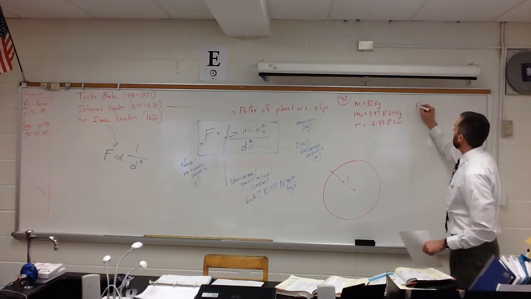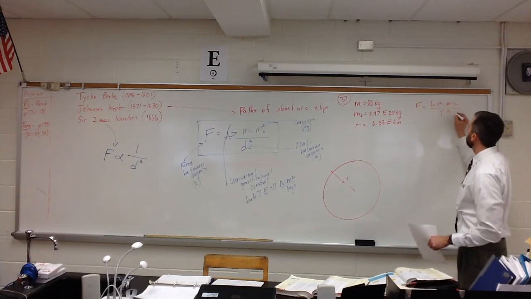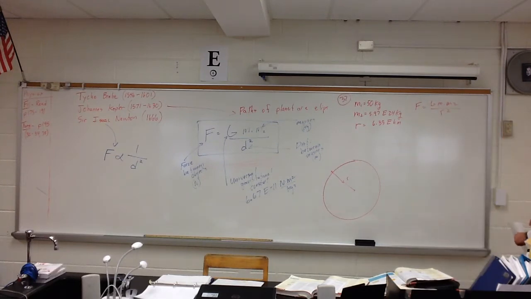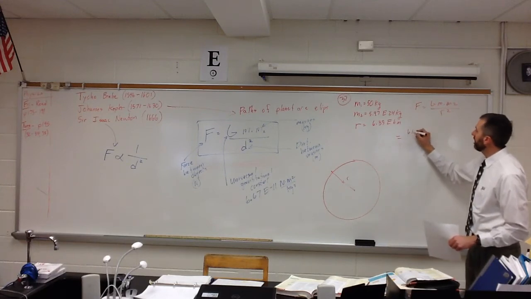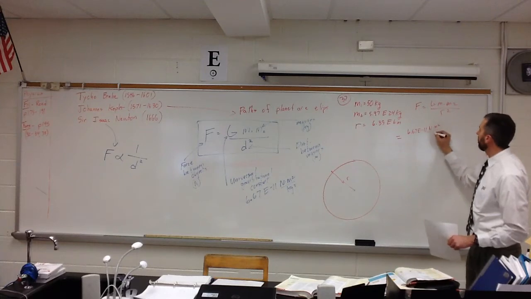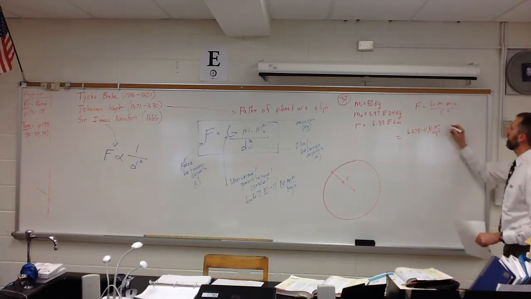We start with our equation. F equals big G m1 m2 over r squared. We're going to plug in the big G, which is 6.67 e negative 11 newtons meters squared over kilograms squared. Yes, awkward, but throw it right in there, don't worry about it.